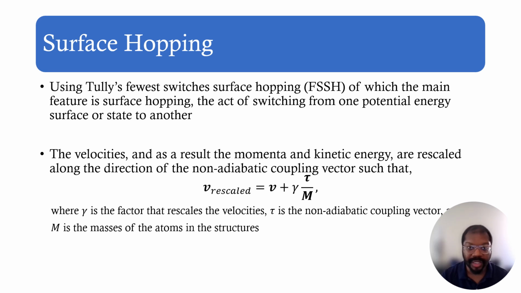For my project, it tends to be jumping from the first excited state to the ground state. You can imagine that there's a lot of kinetic energy in the excited state that gets reduced once it hits the ground state. So we need to be able to rescale those velocities, which will affect the momenta and the kinetic energy. And we do this along the direction of the non-adiabatic coupling vector.